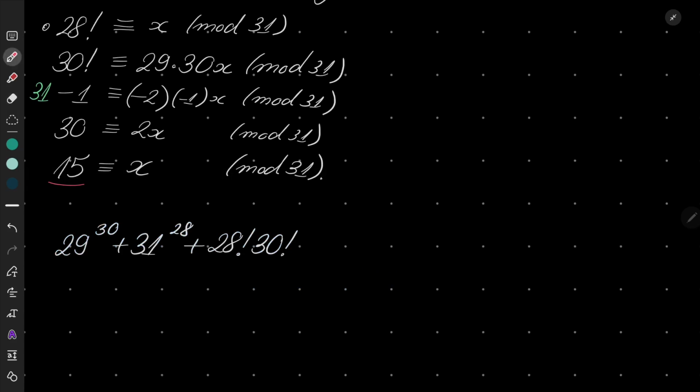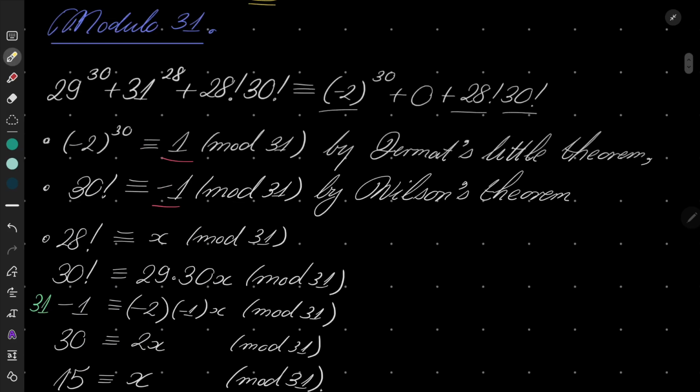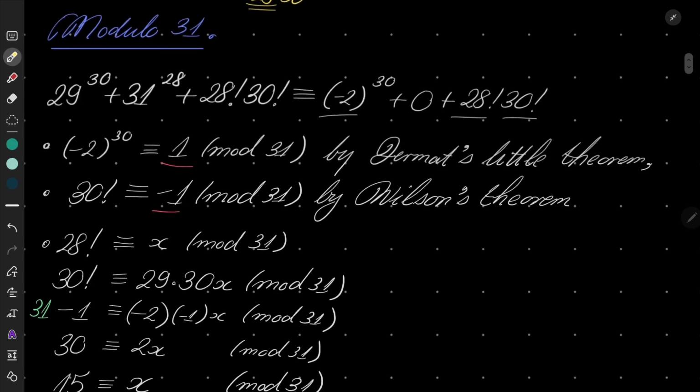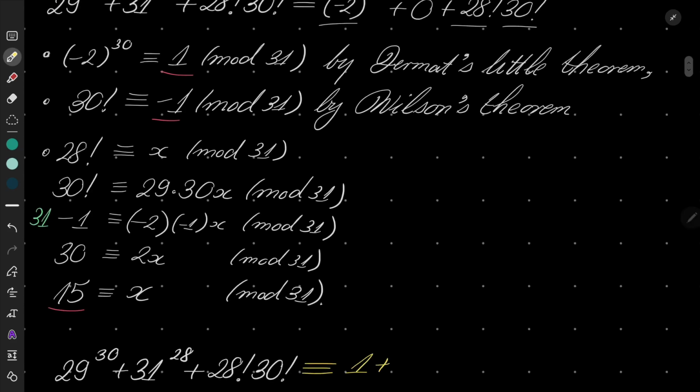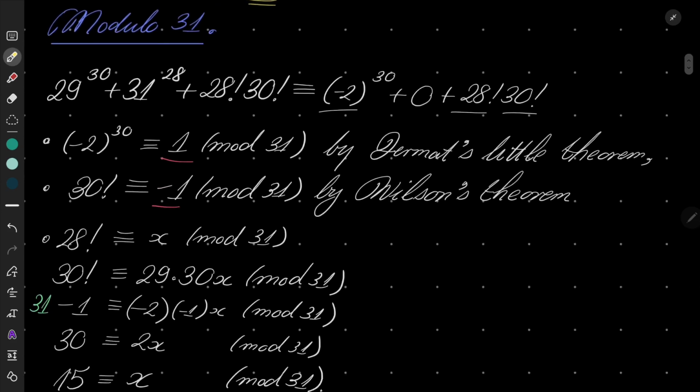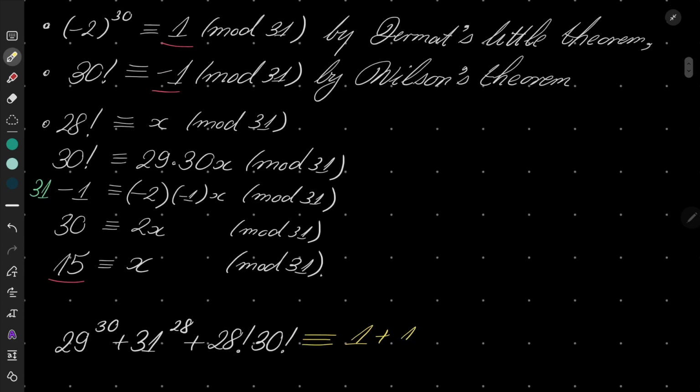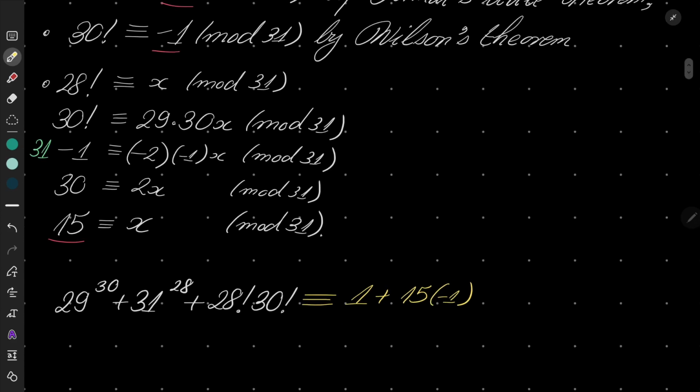This number is congruent to minus 1 to the 30, which is 1, plus 0, plus 28 factorial, which is congruent to 15, times 30 factorial, which is congruent to minus 1. So we have 1 minus 15, which is minus 14, and let's convert it to a positive number. We can add 31, and we will get 17 modulo 31.